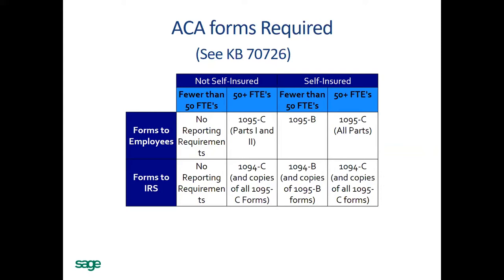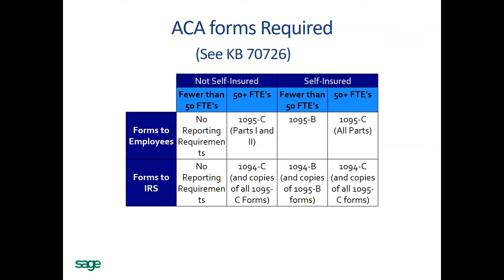If you have fewer than 50 employees and they're not self-insured, then you do not have to run any forms for the employees or to the IRS. But if you have 50 or more, then you do need to run the 1095 and the 1094.